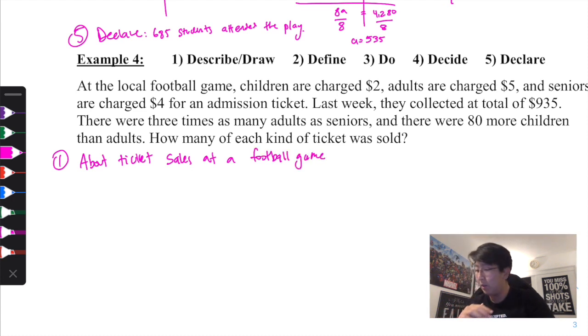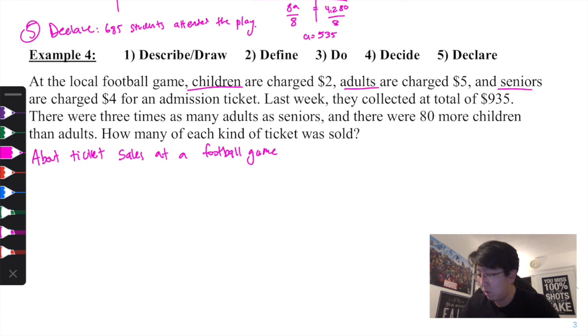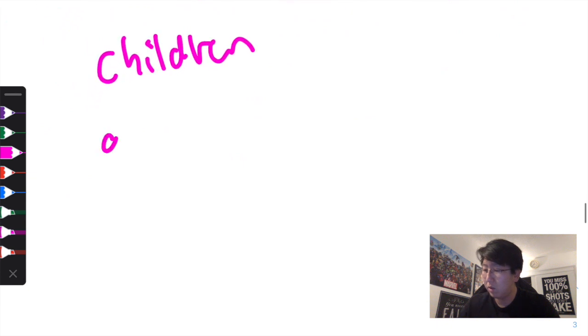Now, who goes to these football games? We have 3 different types of people: children, adults, and seniors.